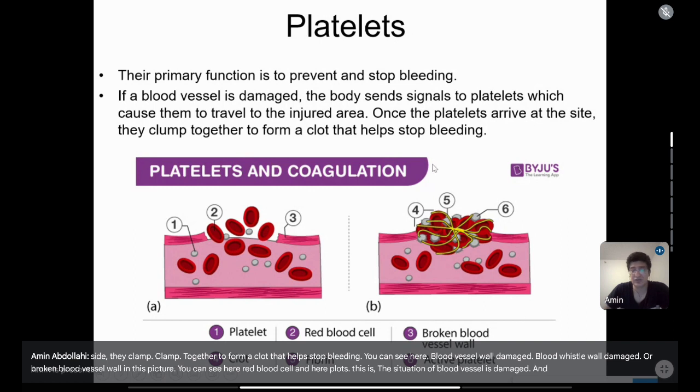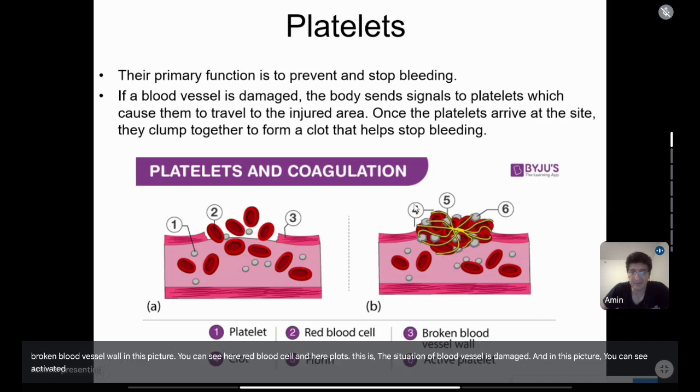And in this picture, you can see activated platelets. Activated platelets start to secrete fibrin to form clots, to stop bleeding. You can see here the clot to help stop bleeding.